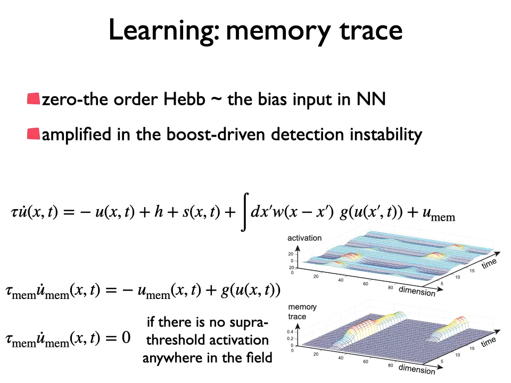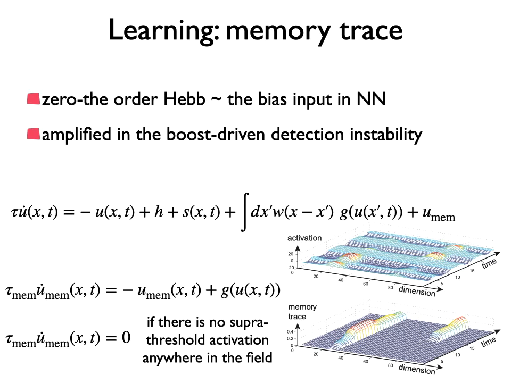Now, more basic is what we sometimes call the zeroth order Hebbian learning, which corresponds to the bias input in neural networks. And that is a form of learning that isn't actually correlative, so it doesn't depend on two neurons co-varying their firing. It's just a form of learning in which any firing leads to a change of probability of firing.